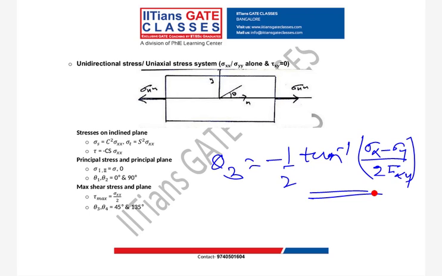Am I correct? This is the formula. Now some guys have written plus 45. That is wrong. It is not plus 45. This has to be taken care of. So in this case, my theta 3 will be minus 45. Why minus 45?